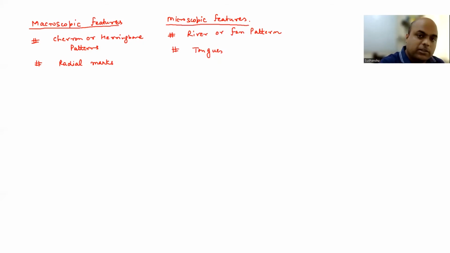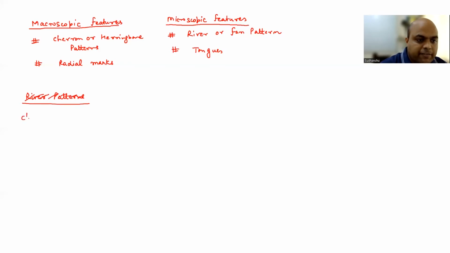So let's talk about river patterns now. But before that, since now we are talking about the growth, let me tell some of the facts about cleavage crack growth.